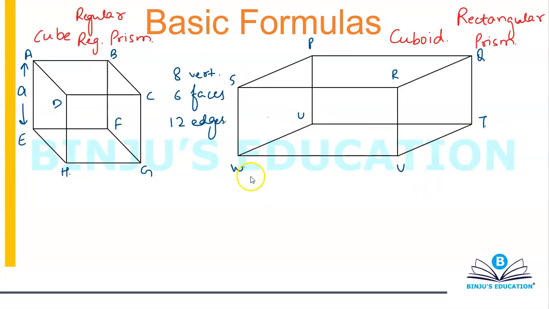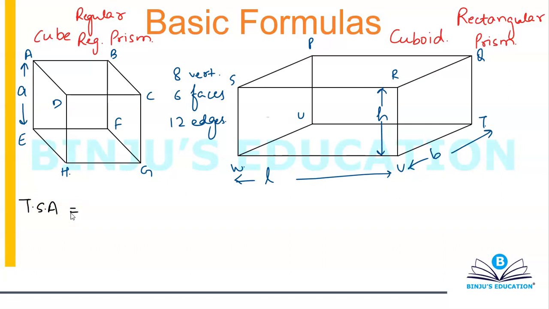Let's consider the length of the cuboid to be L, breadth to be B, and height to be H. All right, now let's start with cube. The very first thing is how to calculate the total surface area.